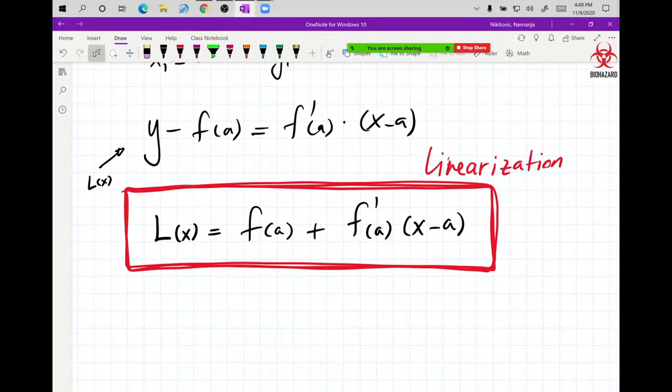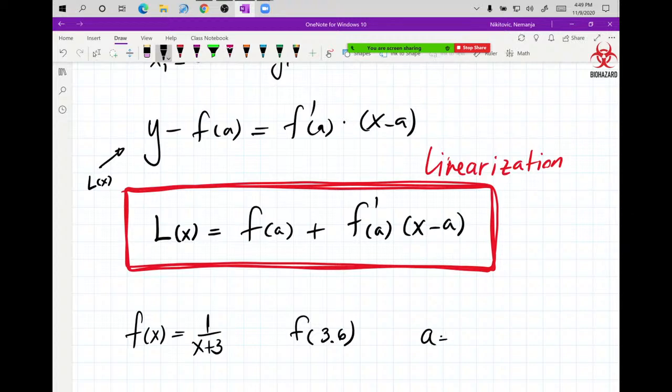So when you have a problem, next time they give you some kind of f of x, 1 over x plus 3, whatever, and they want to compute f of, I don't know, 3.6, it doesn't really matter. You pick a equals 4 because that's easier to compute, and you just immediately plug everything everywhere.